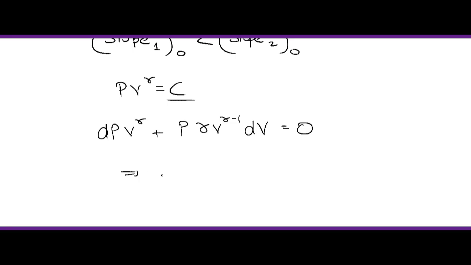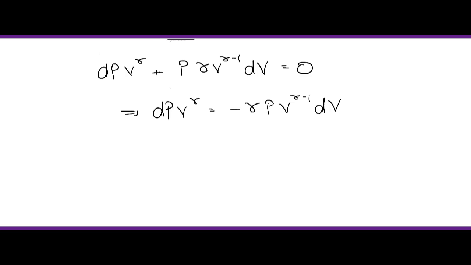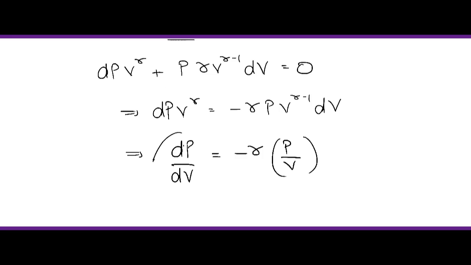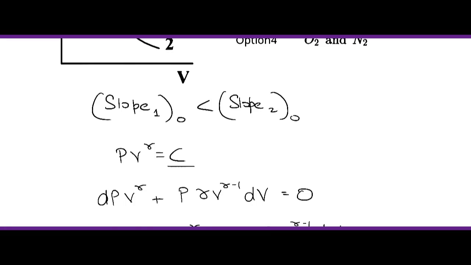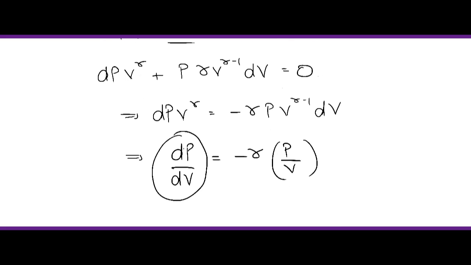Upon rearranging, we get dP V to the power gamma is equal to minus gamma into P into V to the power gamma minus 1 into dV. Upon rearranging, we get dP upon dV is equal to minus gamma into P by V. Now this term dP by dV is the slope of this PV graph.